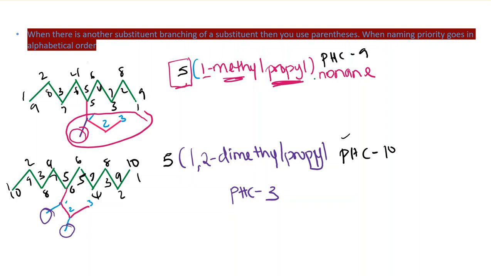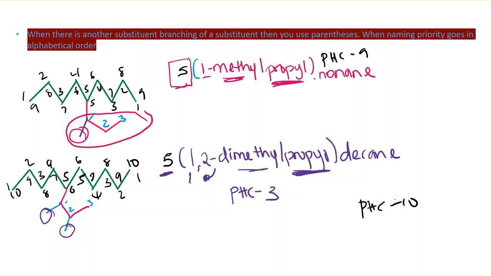I'm going to erase this. And the pHC is 10. So we have a propyl, and the pHC is decane. So basically the substituent is telling us that branching off of carbon number 5, we have a 3-carbon chain, and branching off of the 3-carbon chain, we have a methyl on carbon number 1 and carbon number 2.